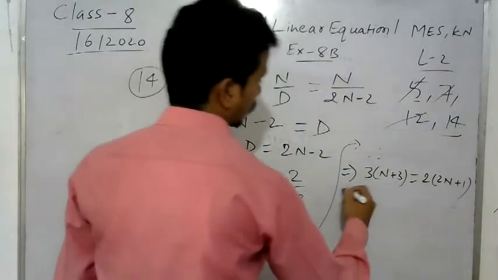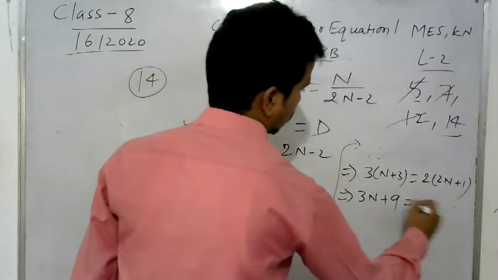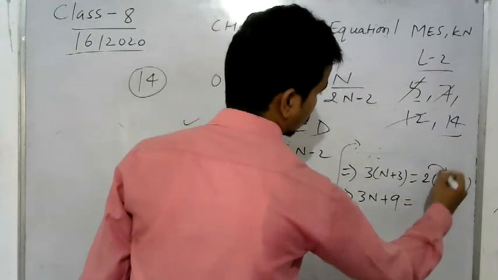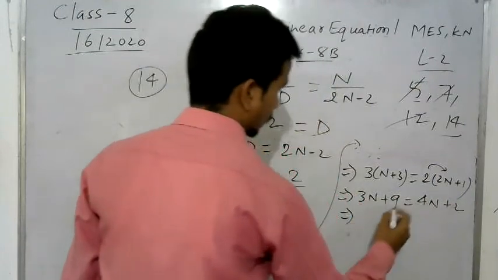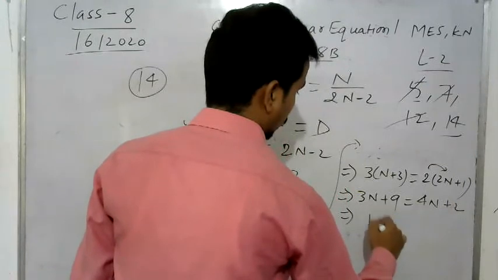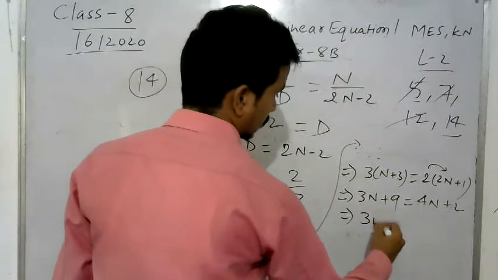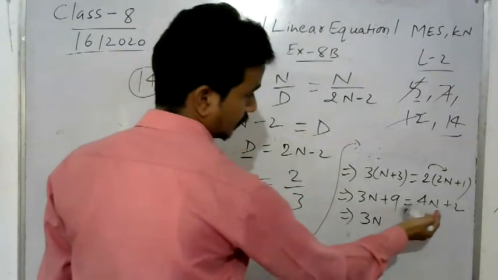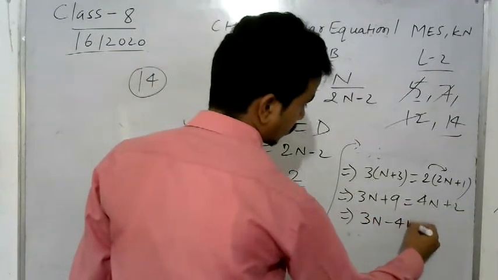Now this implies 3n plus 9 equals 4n plus 2. Take 4n to the left side, the sign will change, so it will be minus 4n.